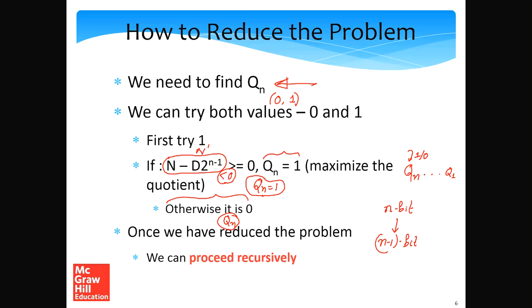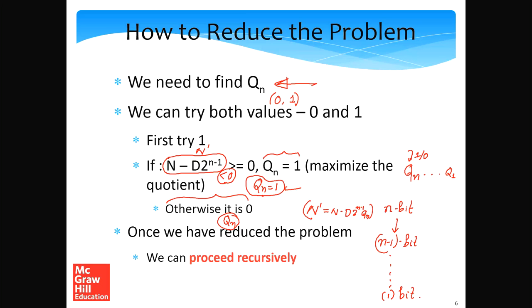And if it remains valid, we agree that Qn should be 1. So we set the nth bit of Q to 1. Otherwise, we set it to 0. And then we compute the new dividend, which is n dash is n minus d times 2 to the power n minus 1 times Qn, right? And we proceed recursively, which means that we call the same process over and over again, albeit with reduced or smaller arguments, till we are left with a single bit.